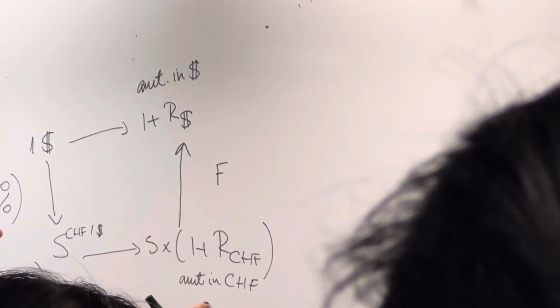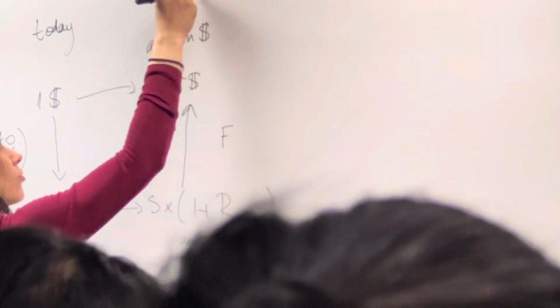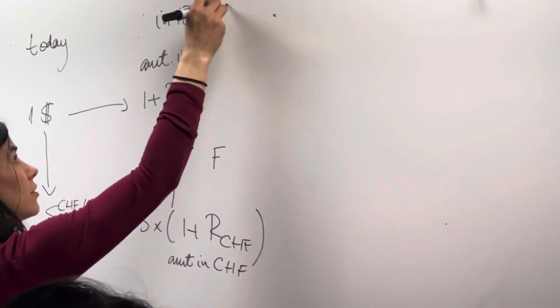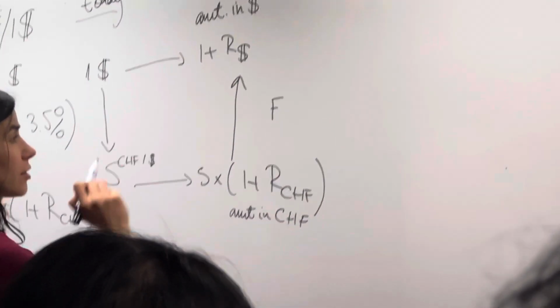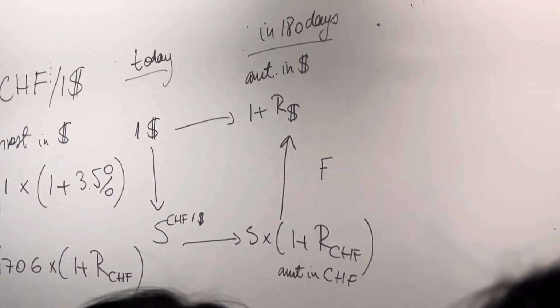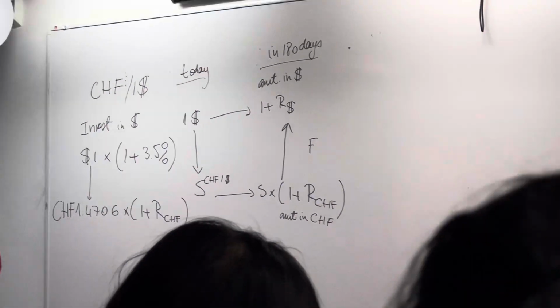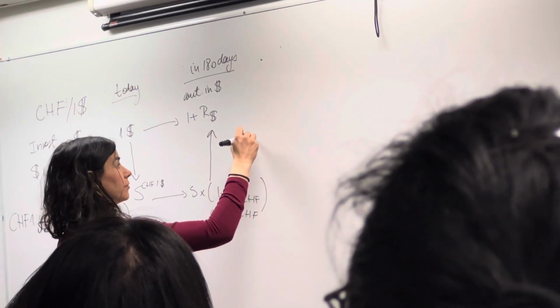We multiply or divide by the forward rate, because this is today, and this is in 180 days. So F in 180 days is 1.4295.